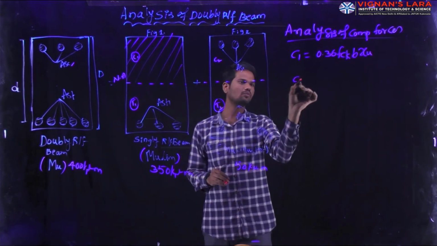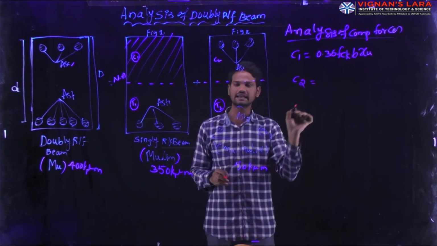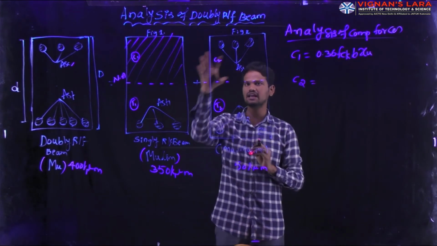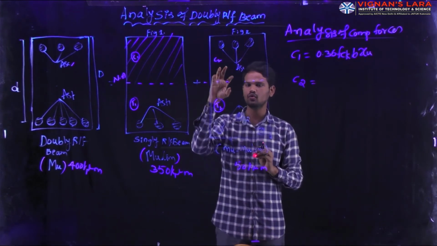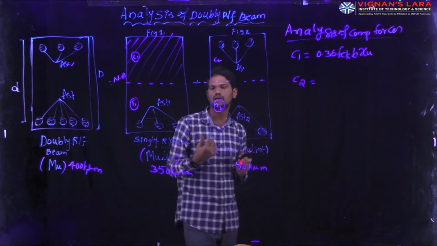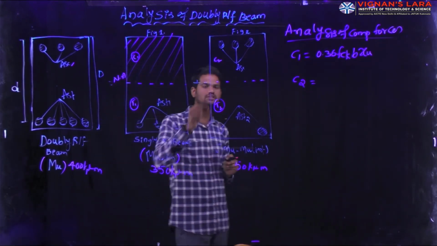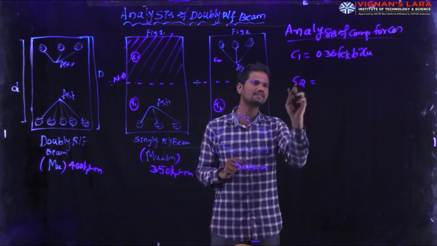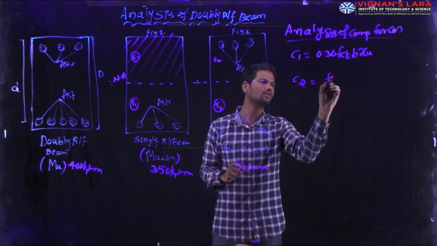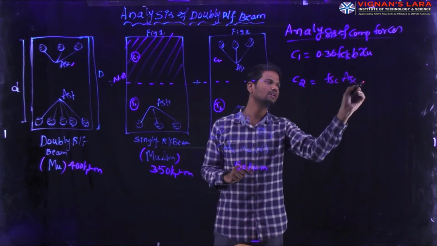Next, one more compressive force acts on the beam, that is due to the additional moment. Due to the additional moment, an additional compressive force also acts on the beam. The additional compressive force we are naming C2 equal to Fsc into Asc.